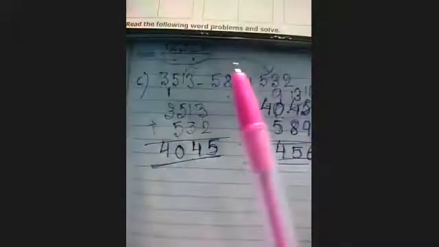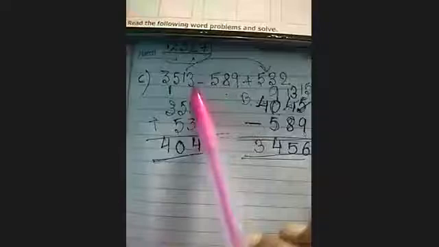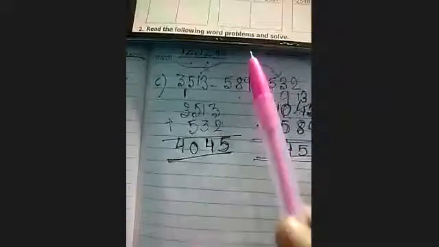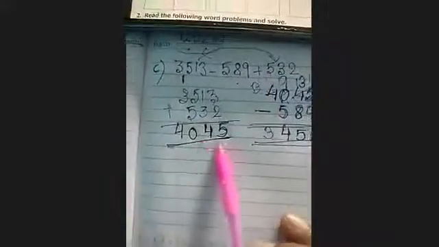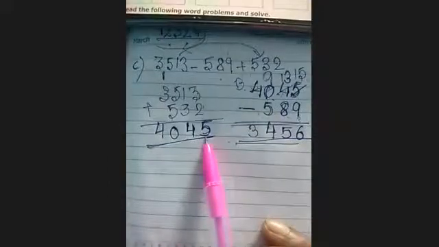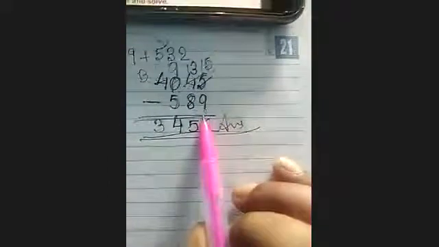Now, this is subtraction. Yes, Ara, wait a second, beta. This is subtraction. So we have to subtract 589 from 4045. Yes, we are writing the bigger number first. We cannot subtract any number from the smaller number.